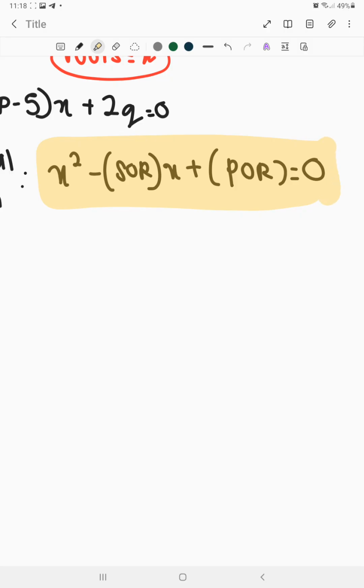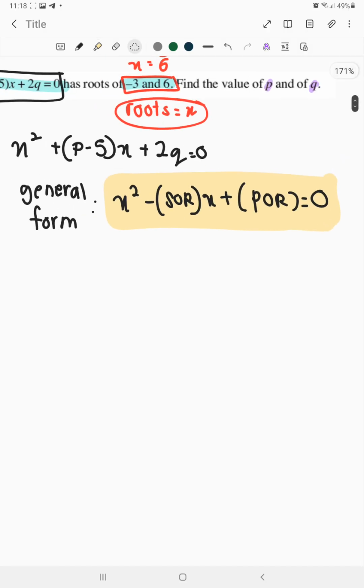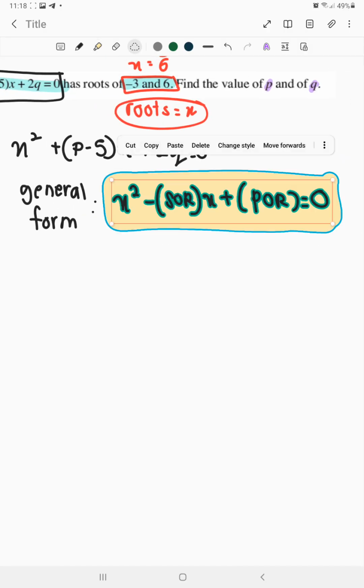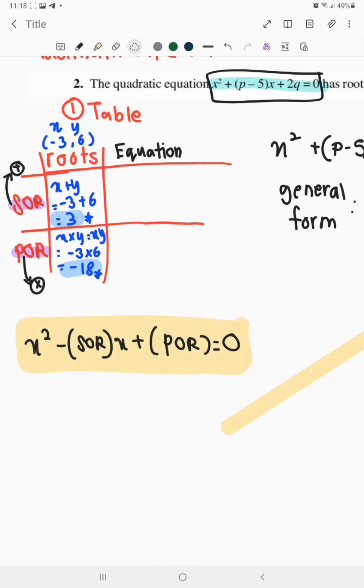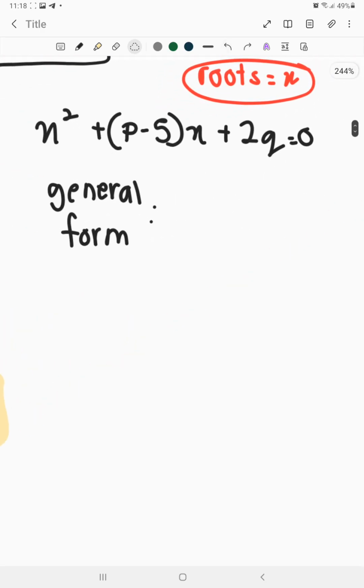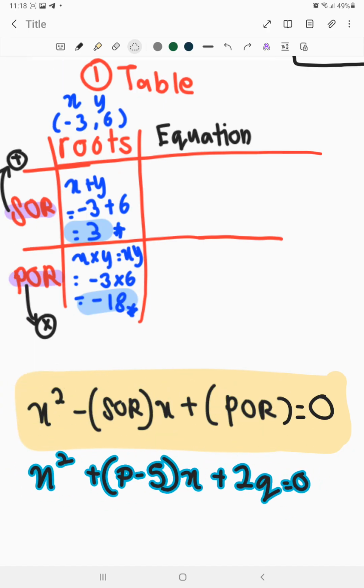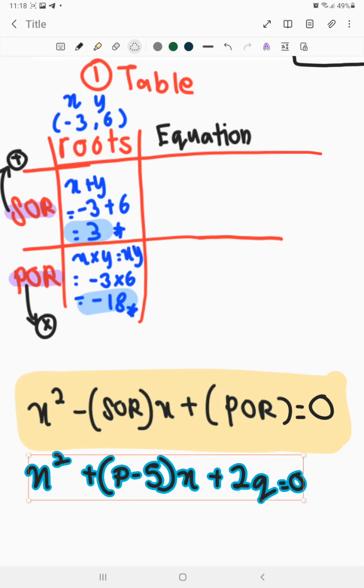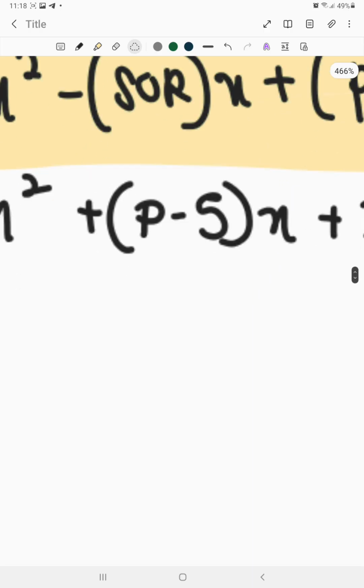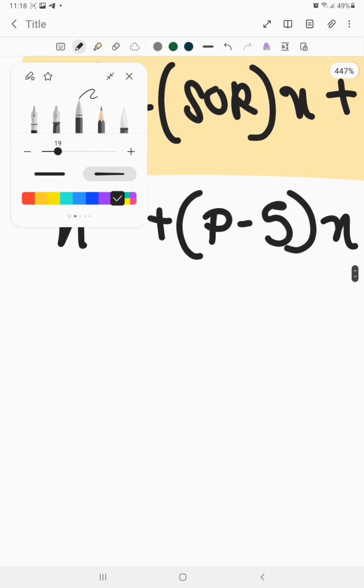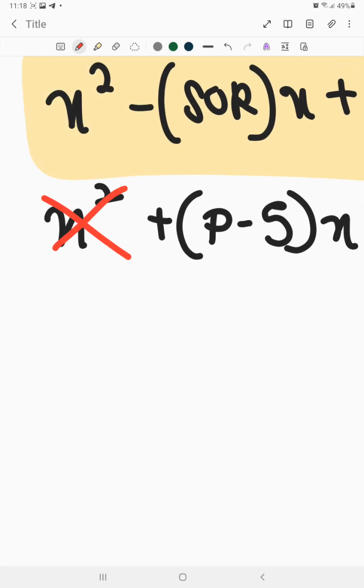You need to memorize this very important equation. I'm going to paste it down here so that we can differentiate it. This one we no need to see because we are not going to use this.